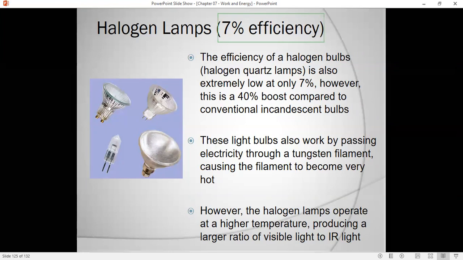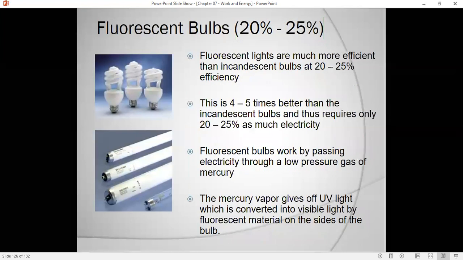And what these bulbs do is they pass electricity through a tungsten filament at a higher temperature, but by using halogen gas, the filament doesn't burn out as quickly. Fluorescent bulbs are anywhere from 4 to 5 times better in terms of efficiency than incandescent bulbs.